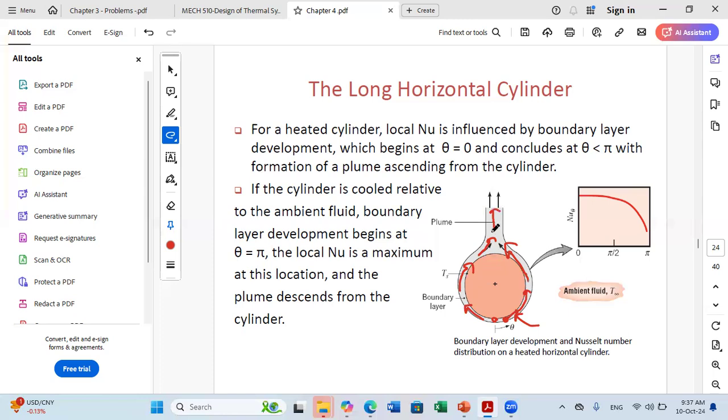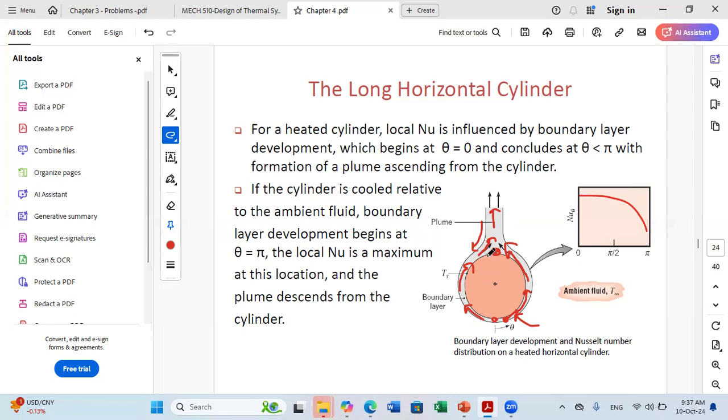If you have the opposite, if the ambient temperature is larger, then the maximum temperature of air will be at this level. And because of cooling effects, since the surface of the cylinder is at lower temperature, air will flow in the opposite way.